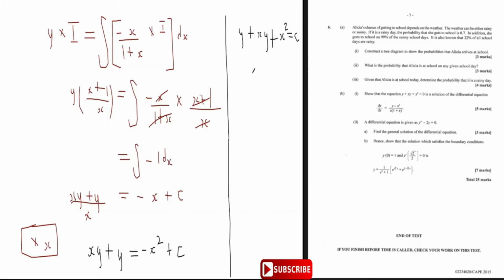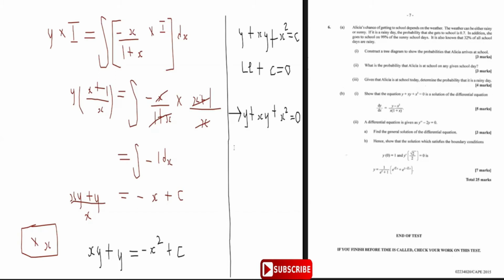Now let c equal 0. Just give c the value of 0. Let your constant be 0. If c is 0, clearly we get that y plus xy plus x squared is equal to 0, a solution to the differential equation.